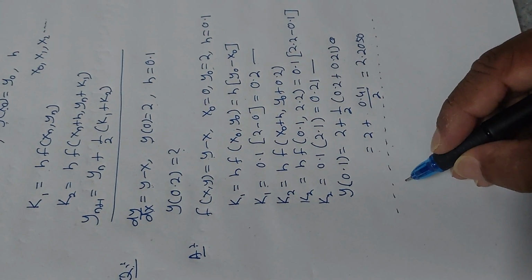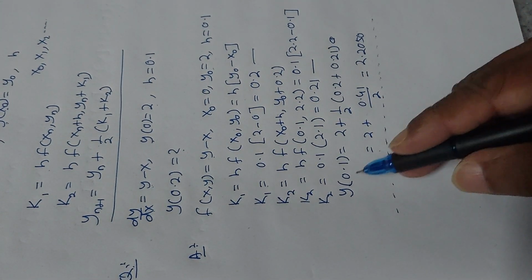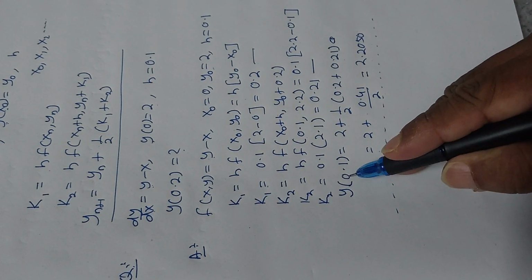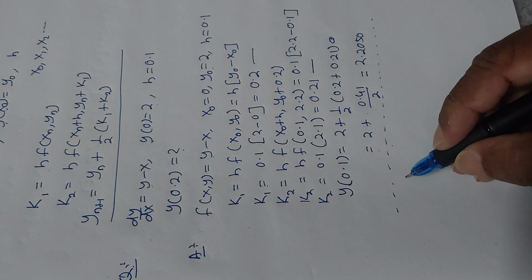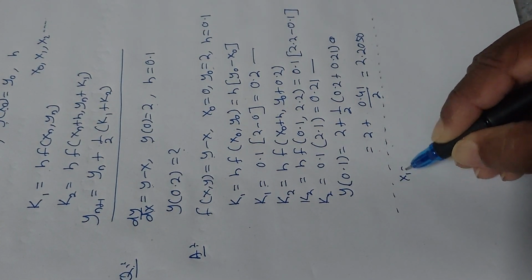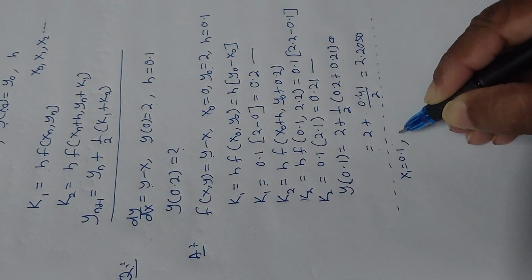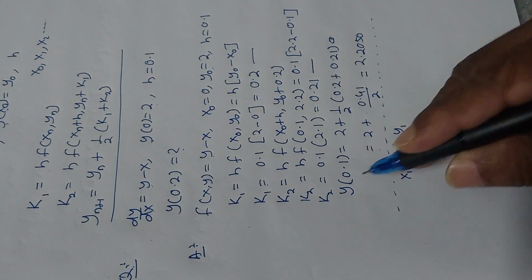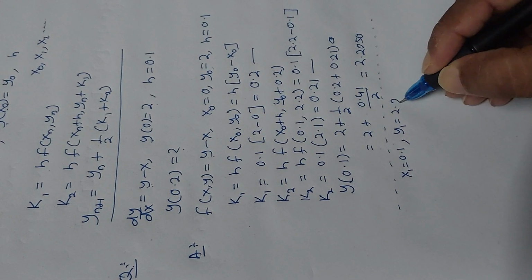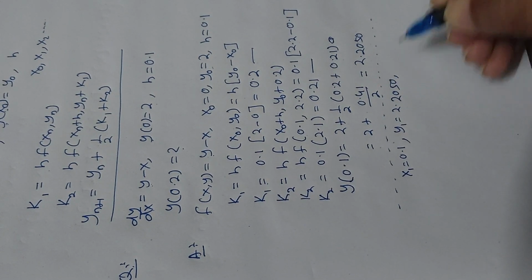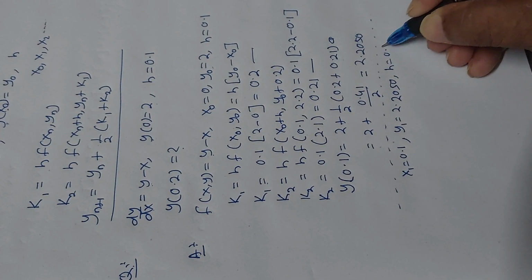In the next iteration, we will determine y when x is equal to 0.2. So now x1 is 0.1, y1, that is y of 0.1, is 2.2050, which we have just found, and h is already given as 0.1.